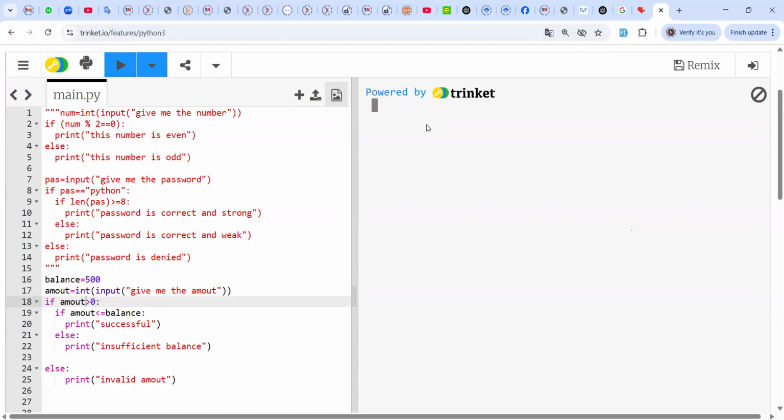We are going to run it again and give it, for example, 200, and it prints successful. And if we type, for example, 1000, it says insufficient balance.